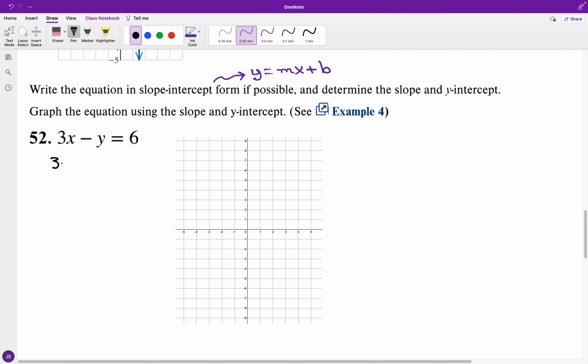where both x and y are on the left side of the equation. And what I want to do is isolate y. Right now the y term is negative y. So if I'm going to get y by itself, first I'm going to get negative y exclusively on the left, so I can move the x term over.